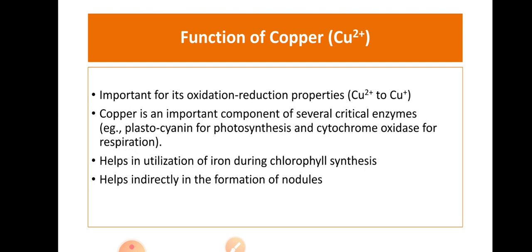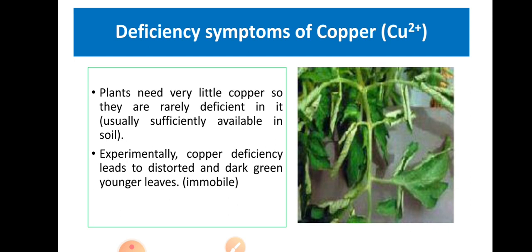Copper helps indirectly in the formation of nodules. Plant needs very little amount of copper as they are rarely deficient in it. Experimentally, copper deficiency lead to distorted and dark green younger leaf and it is immobile in plant.